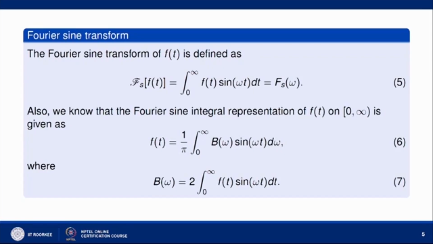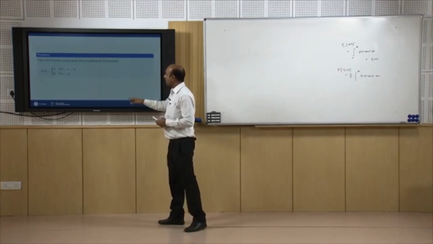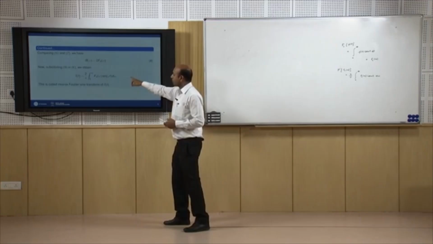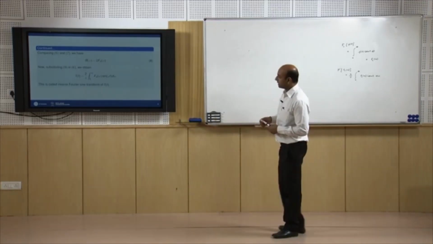Now, if you compare this with this expression, B(ω) is nothing but 2 times Fs(ω). So, if you substitute B(ω) as 2 times Fs(ω) over here, it will be 2 upon π times the integral 0 to infinity of Fs(ω) sin ωt dω.